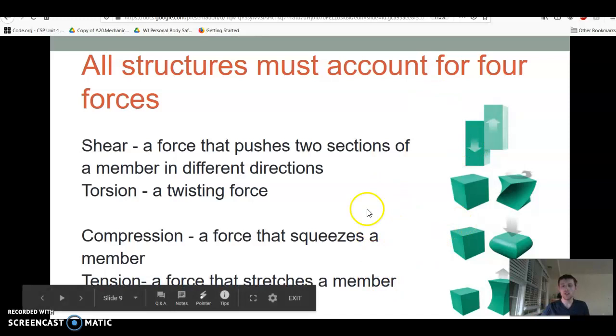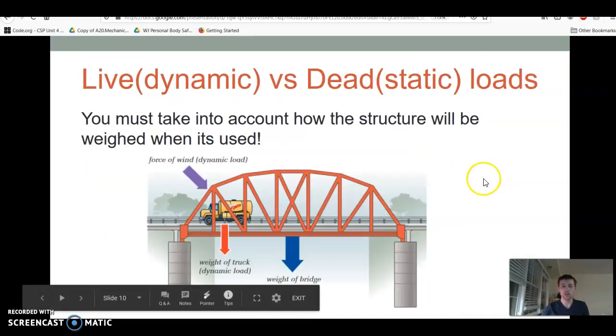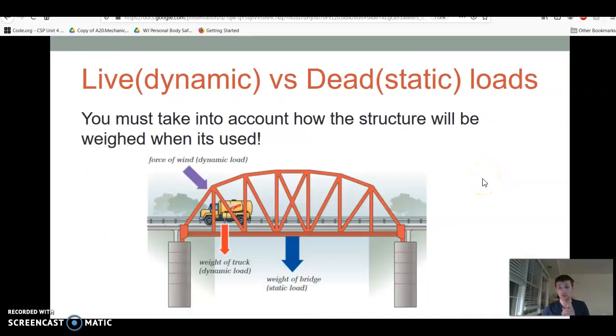So how do we see all of these? Well, before we take a look at that, actually, there's 2 other dimensions to this, and that is dynamic or live versus dead, static loads. So a dead load, or the static load, is something that is the weight of the building itself. Something that's already present and always the same, doesn't change.